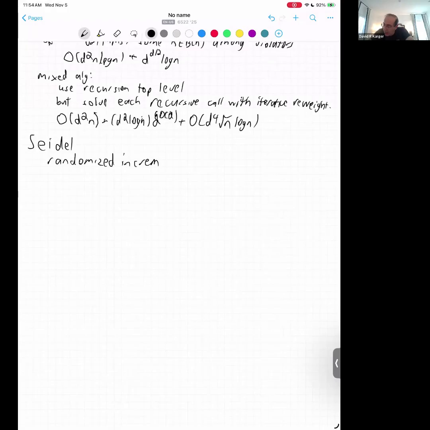Why sample in a complicated way when you can do the simplest, obvious thing of a randomized incremental construction? So what would be a randomized incremental construction for linear programming?